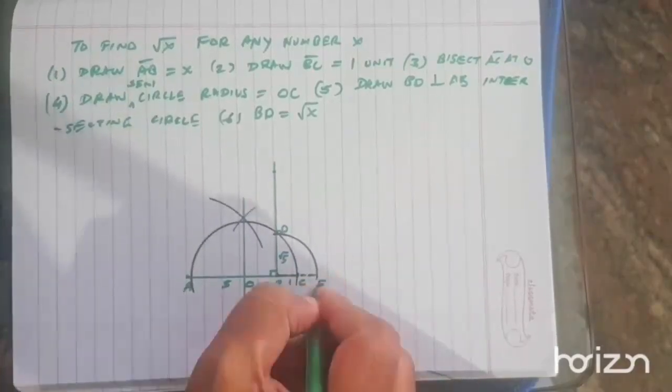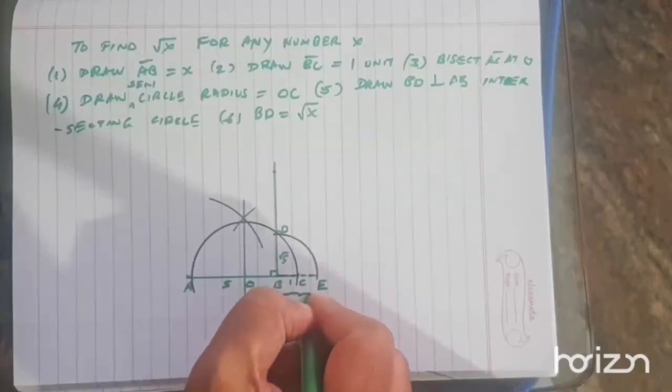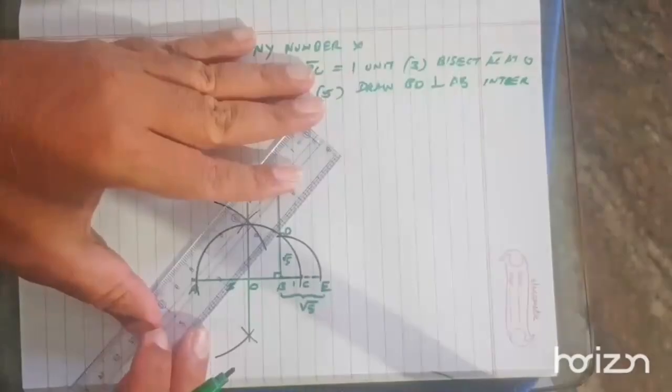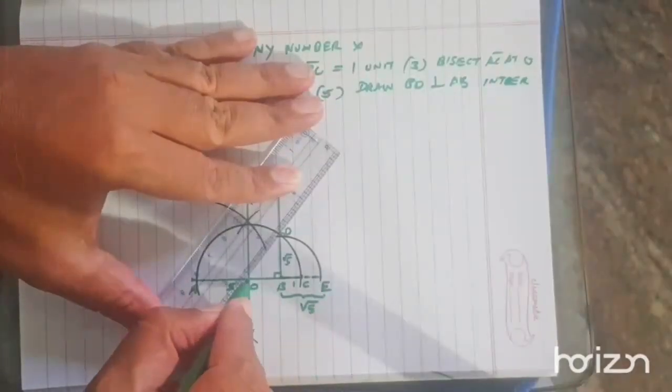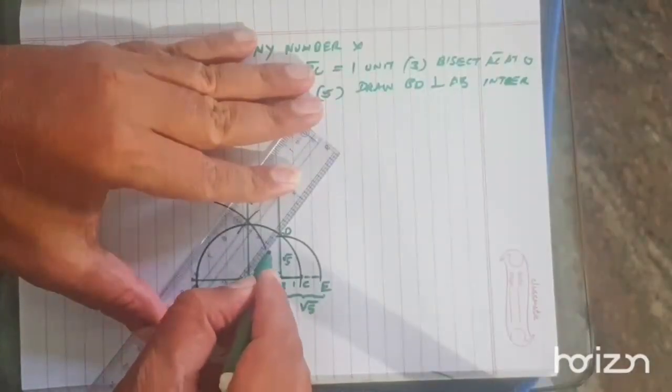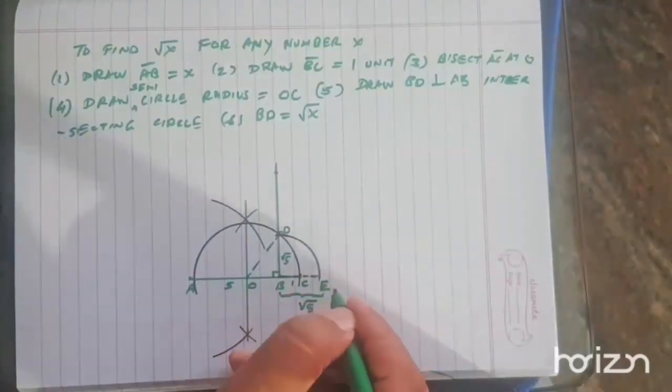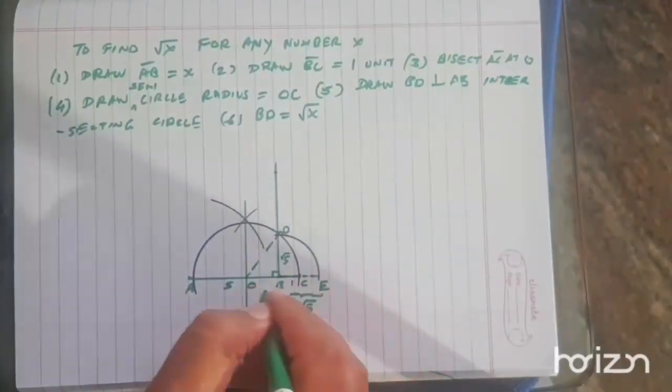You can see that that should again be root 4, not root 5, because initially we constructed a line of length 4. And we can just connect OD, and we can see that it is equal to OC, just for the observation sake.